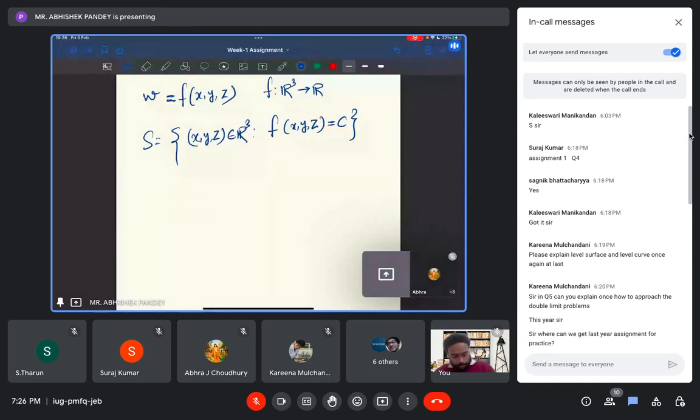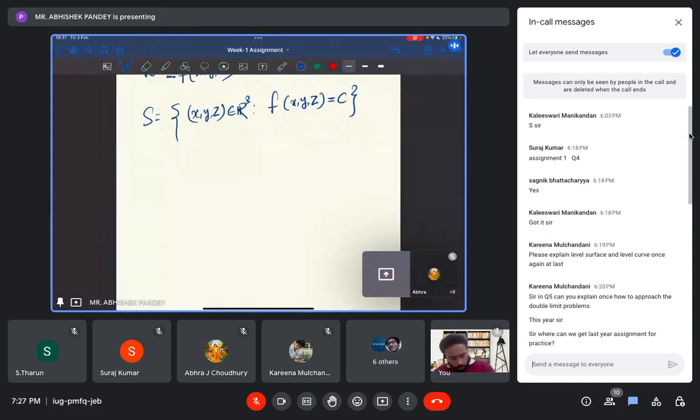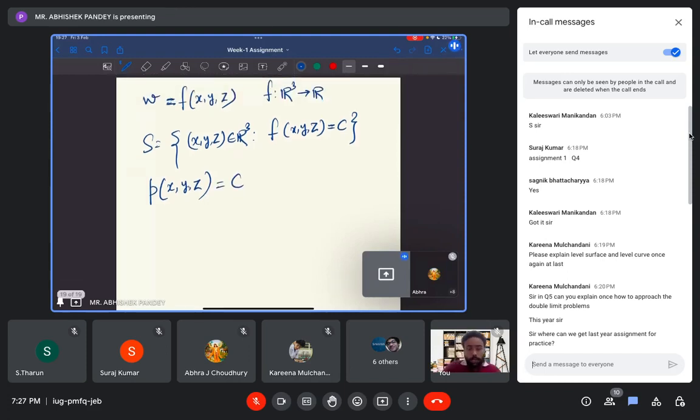Because in this case, suppose you have some polynomial equation f, say a polynomial in x, y, z. Observe that this function f is continuous.